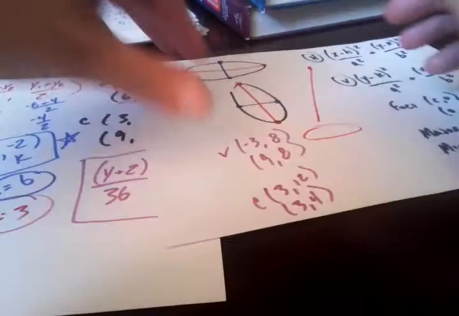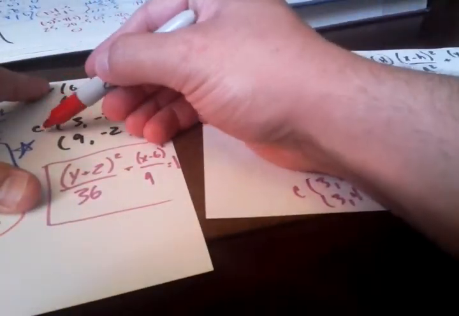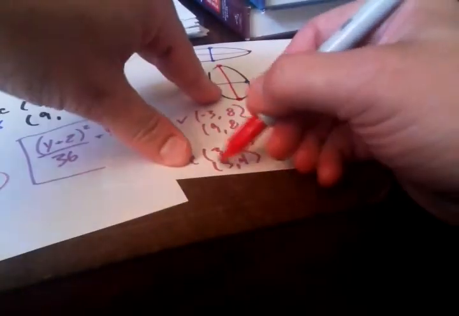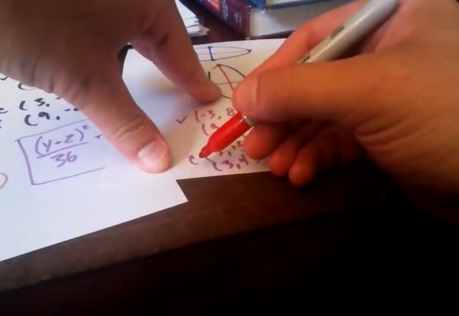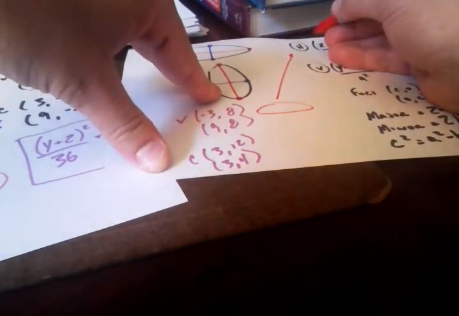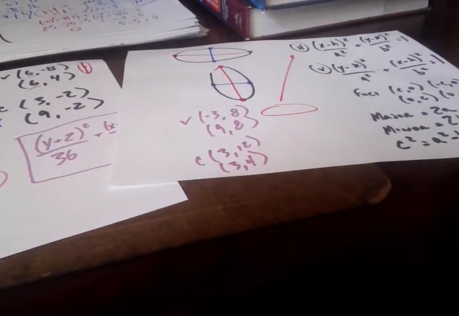Notice that the y values of the co-vertices were the same, but down here the x values of the co-vertices are the same, which also means it'll be horizontal, which means we use this. So you have to check to see if it's vertical or horizontal before you begin to solve. Then you do your distance, your midpoint, and you plug things in.